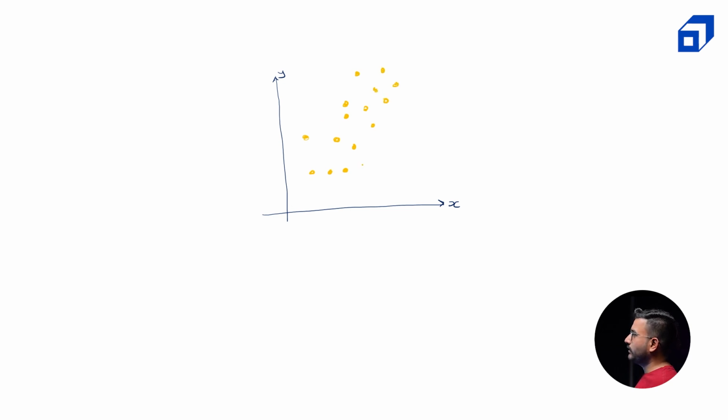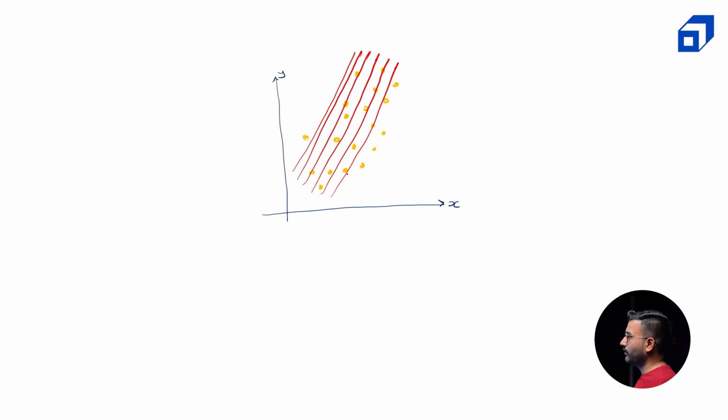Now I can have infinite number of lines passing through this data, right? So one line is this, another line is this, another line is this, and so on.